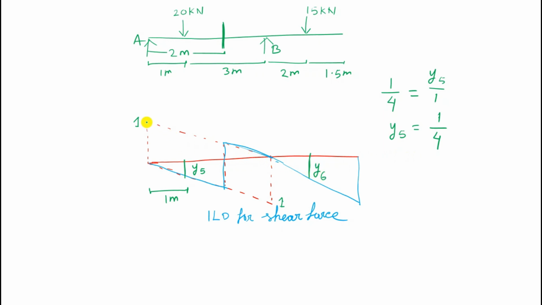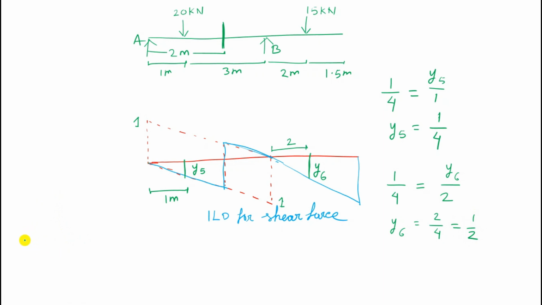Just consider this triangle and this triangle. So we can write 1 by 4 equals Y6 by 2. So this distance is 2, and from this point A to B is 4 meter. So Y6 equals 2 by 4, that is half.